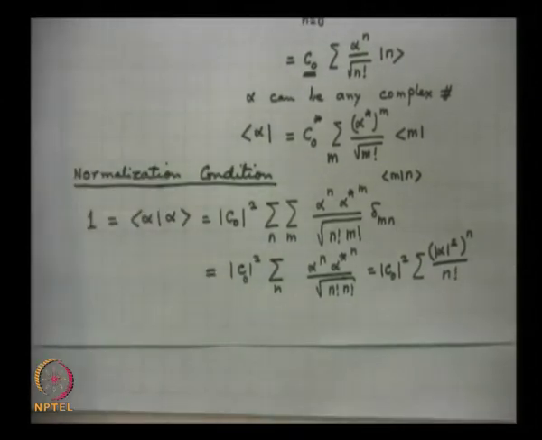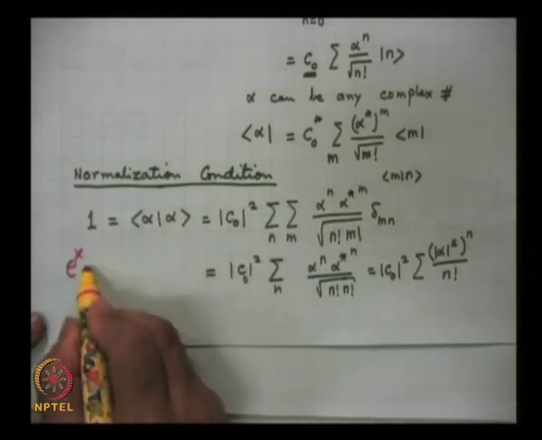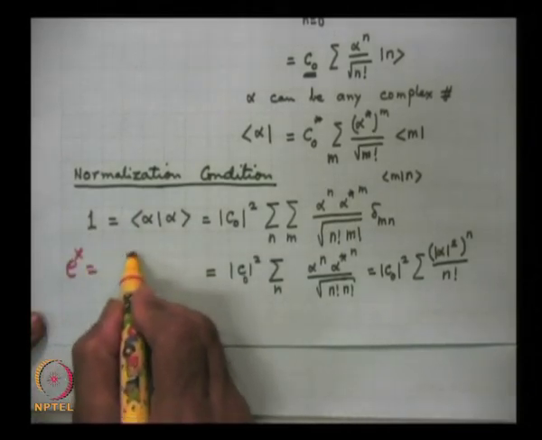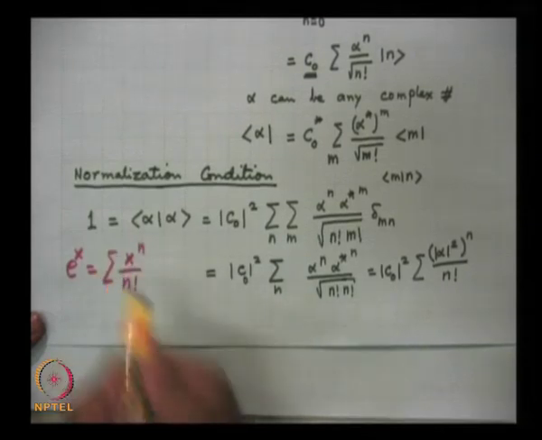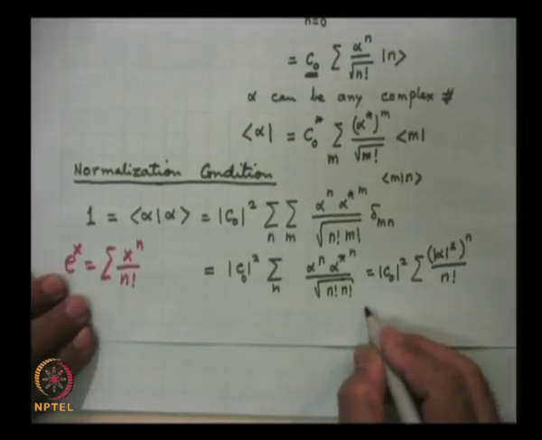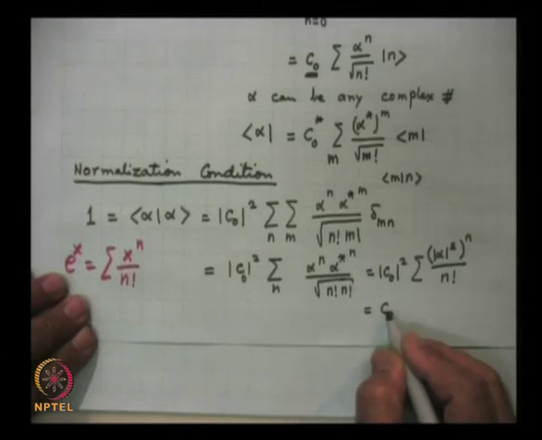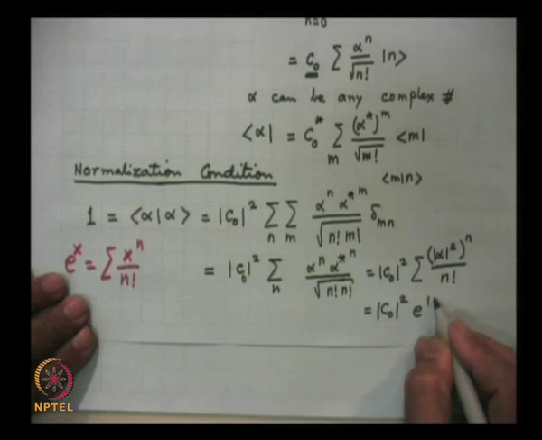As you know, e to the power of x is equal to the sum of x to the power of n by n factorial over all values of n equal to 0, 1, 2, 3. So, this becomes equal to C 0 mod square e to the power of mod alpha square.